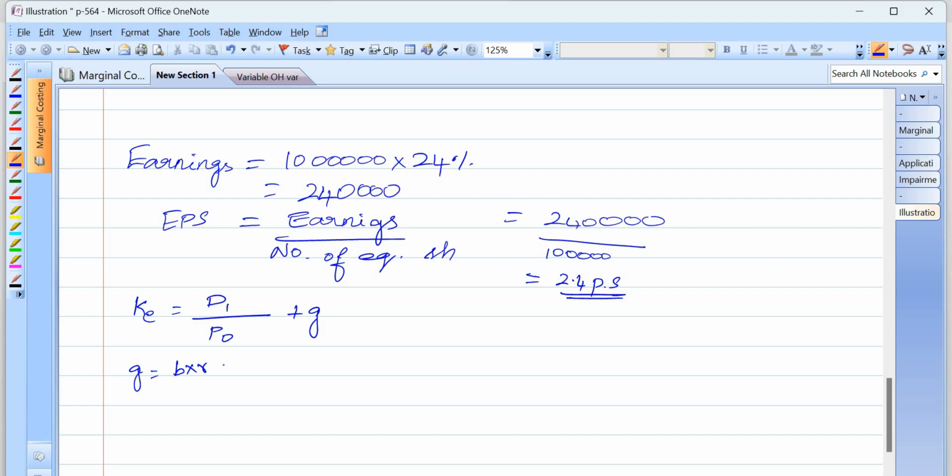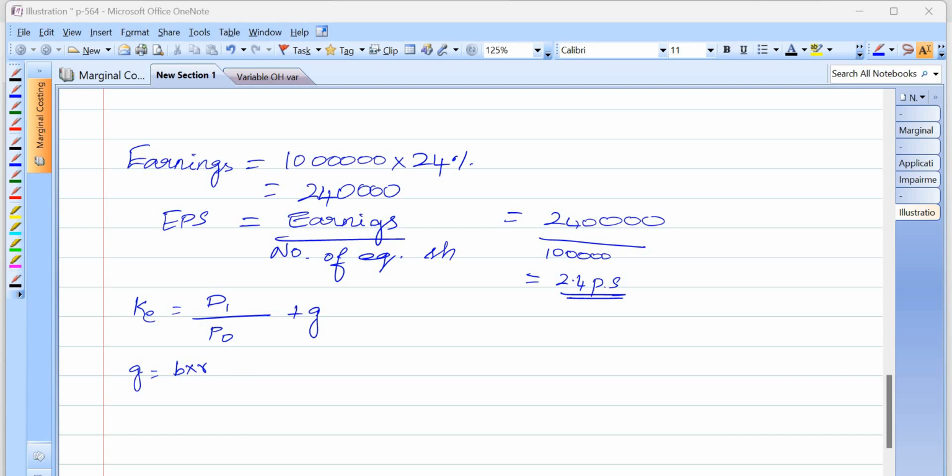Based on retention only it is calculated. Whatever the assumption here is, whatever we have retained in the business will grow at the rate of my return on investment. That's why we are using the formula B into R.